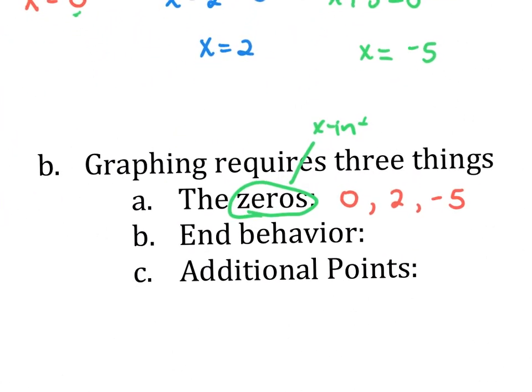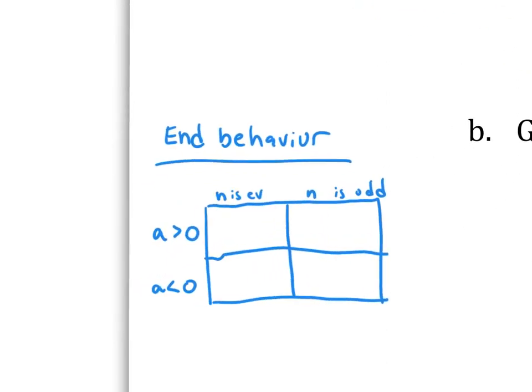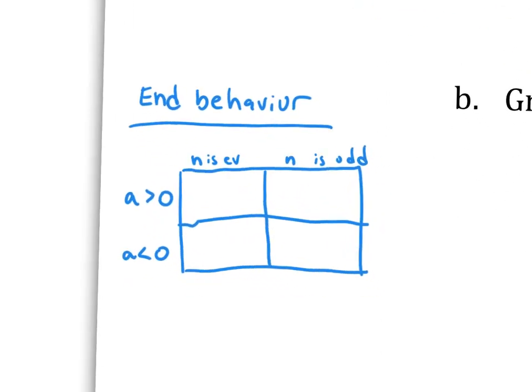Remember end behavior. How did we determine end behavior? When we had things in standard form, we had to look at the very first term, the leading coefficient. These components told me something: when n was even and a is greater than 0, so we have a positive number here, that means we have up, up.